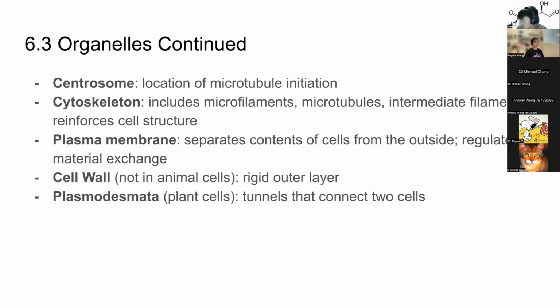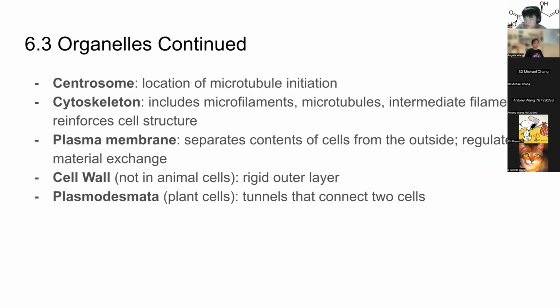And then there are even more. The centrosome is the location of microtubule initiation. The cytoskeleton includes microfilaments, microtubules, and intermediate filaments, and that reinforces cell structure. The plasma membrane separates contents of cells from the outside and also regulates material exchange.